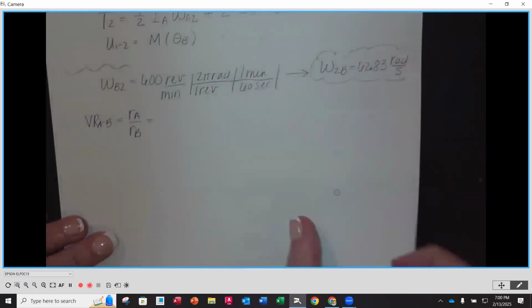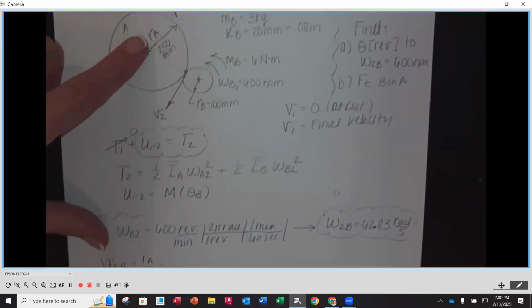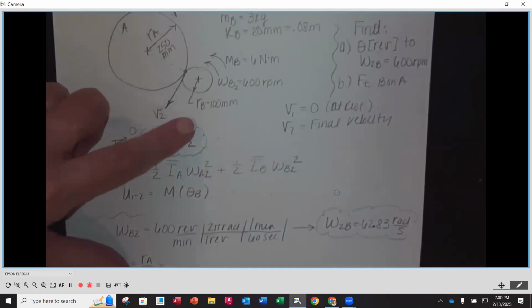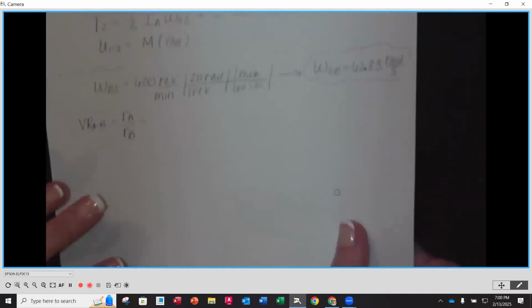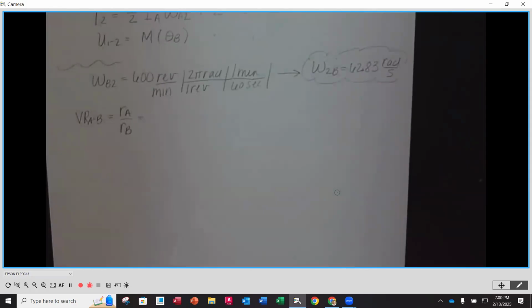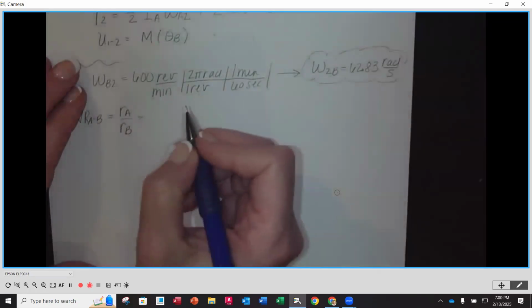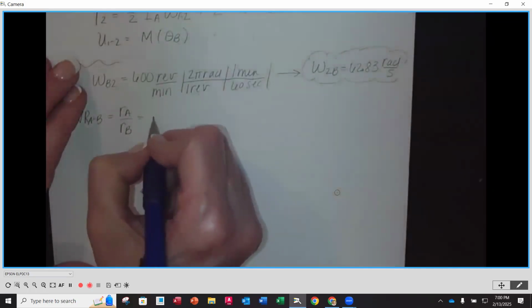We know R_A is 250 millimeters and R_B is 100 millimeters. Because this is a ratio, you have a choice. You can leave it in millimeters or put it into meters. Just to be consistent, I'm going to put mine in meters. We'll get the same answer in the end.